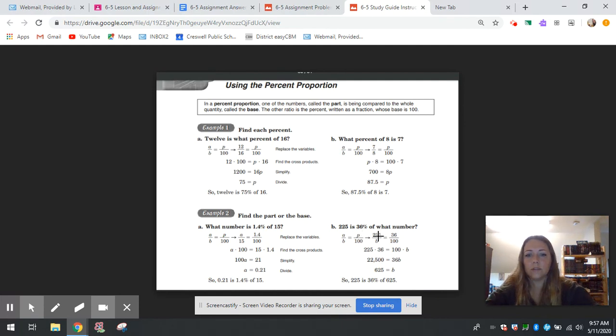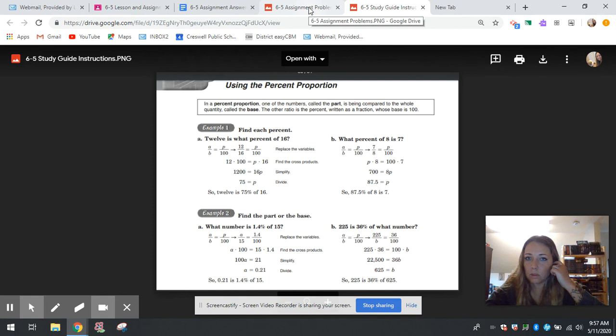But anyways, you would have 100 times b on one side equals 225 times 36 on the other. Simplify those, you get 22,500 equals 36 times b. Divide by 36 on both sides, you get the variable b by itself equals 625. So 225 is 36% of 625.